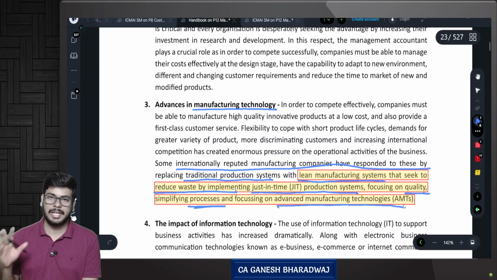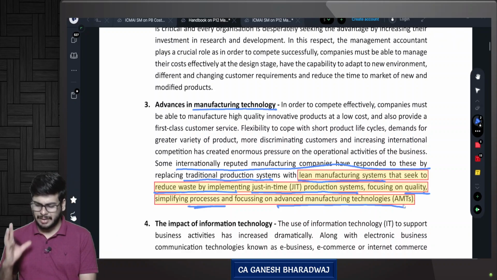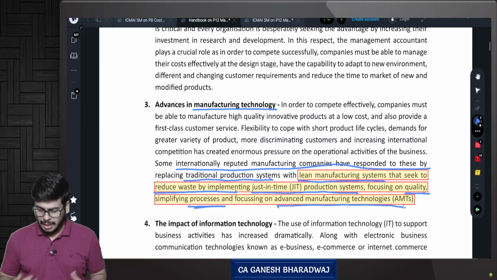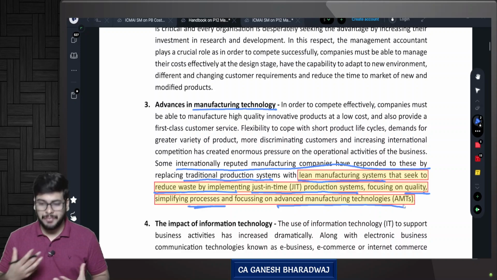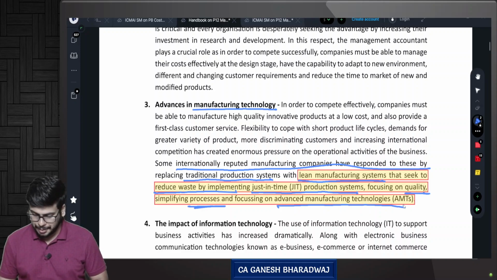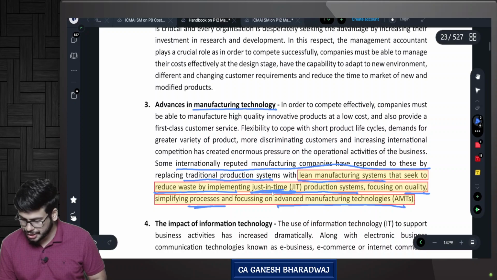This was also another fill in the blank question that was asked. I will explain. Now what happened? There are new manufacturing systems that companies are adopting. There is something called JIT.